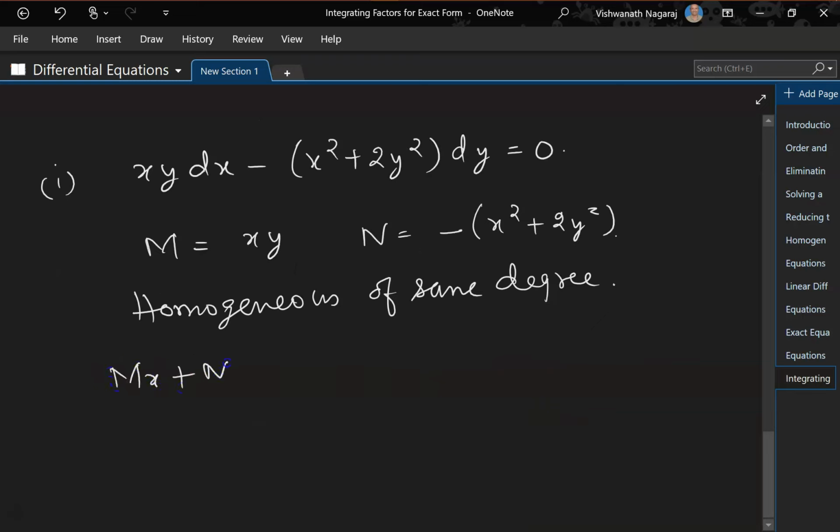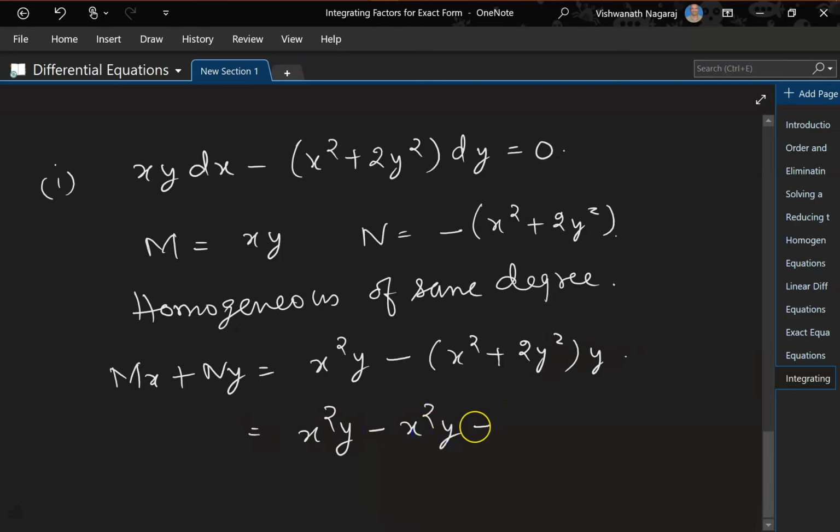Mx plus Ny means what? Take M, multiply it with x, you get xy times x, which is x square y, plus, so here minus is there, so minus. Now you have to multiply with y: (x square plus 2y square) times y, so x square y minus x square y minus 2y cube.